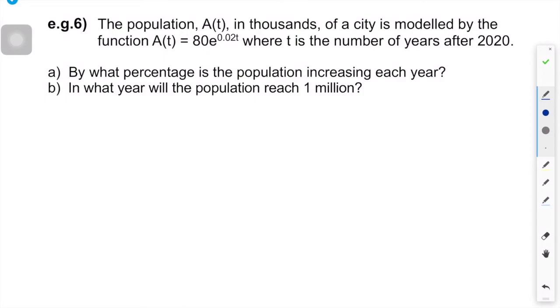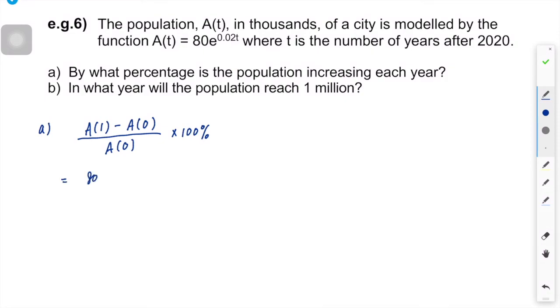So for simplicity, we can definitely use easy numbers. Let's compare the population between year 1 and 0. And then the base here must be the population in year 0, and we multiply this by 100%. So what does this give us?